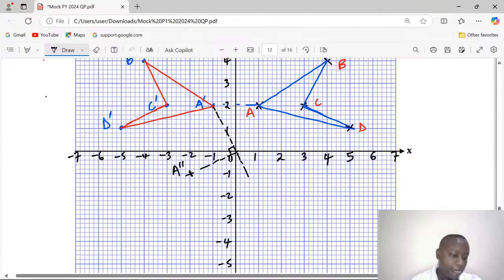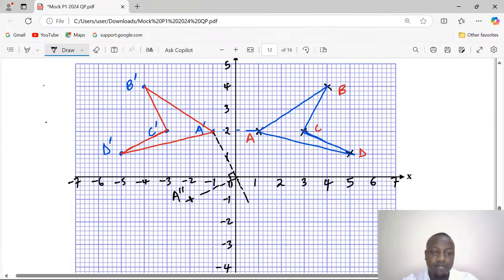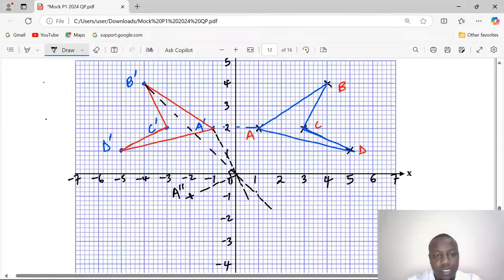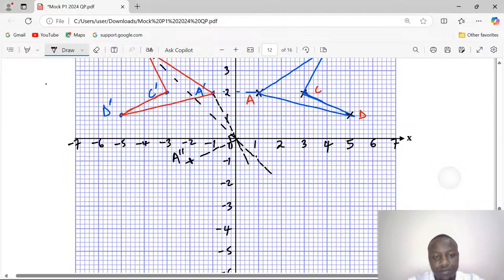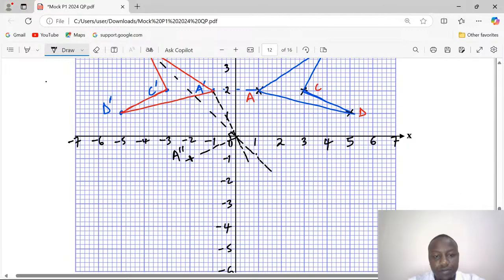Again, we do the same for B. We bring B to the center and we measure 90, and we move an equal distance along that 90. So B shall be found here.